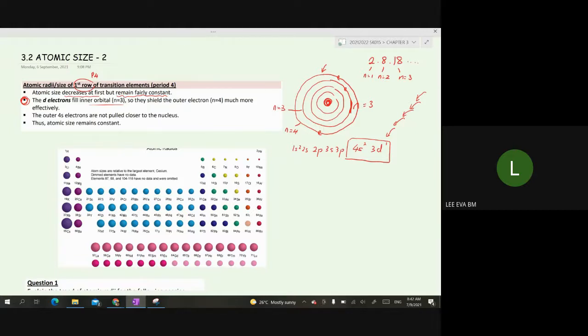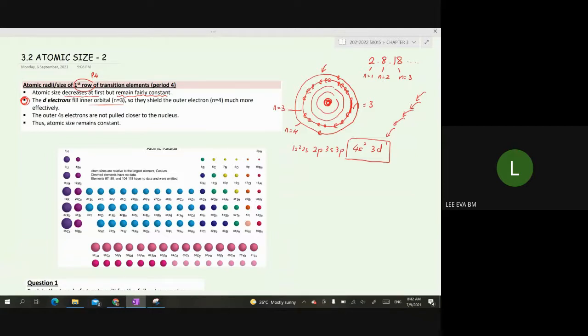So any additional electron, we will add into the inner shell of n equals 3. So dekat sini kita akan masukkan elektron dekat inner shell. So walaupun awak punya proton number increases, Z effective increases, but now the shielding effect also increases at the same time. Senang nak kata, effective nuclear charge increases, shielding effect increases.